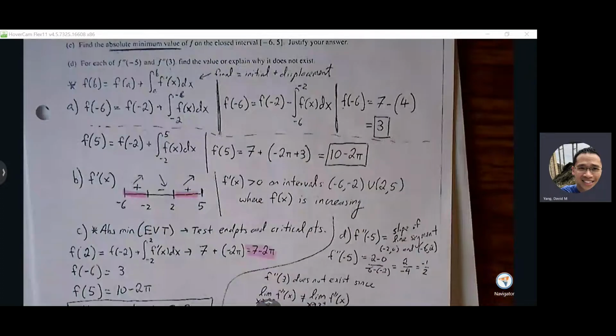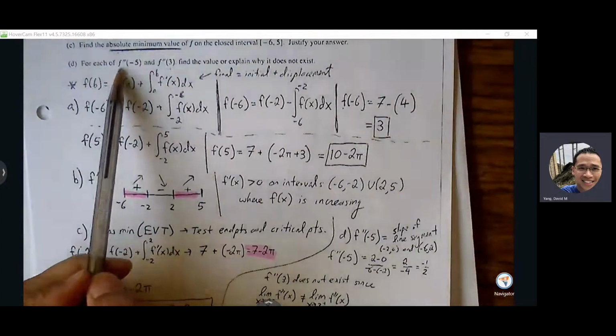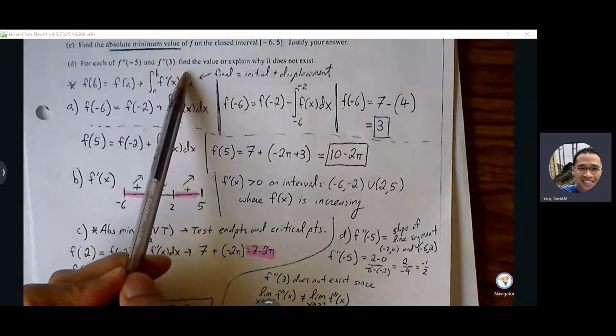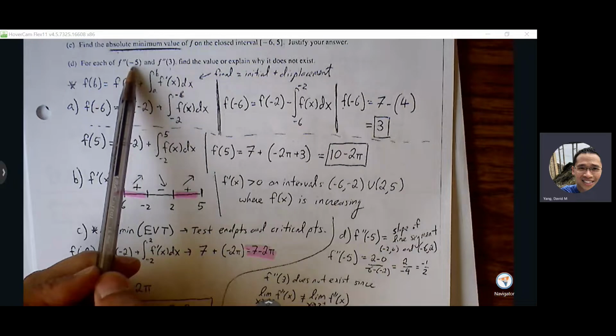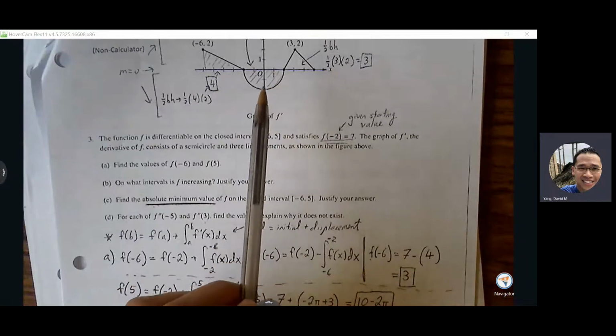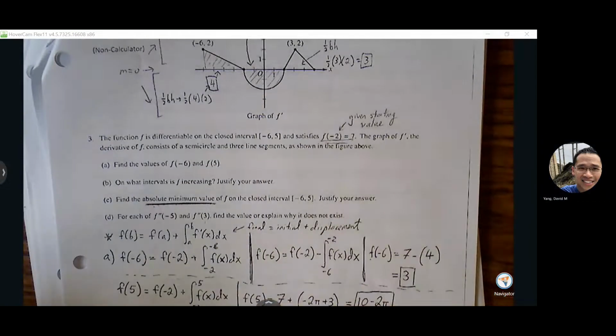Okay, part D. For each of f double prime of -5 and f double prime of 3, find the value or explain why it does not exist. So f double prime of -5: we know this is the f prime graph, so f double prime must be the slope.